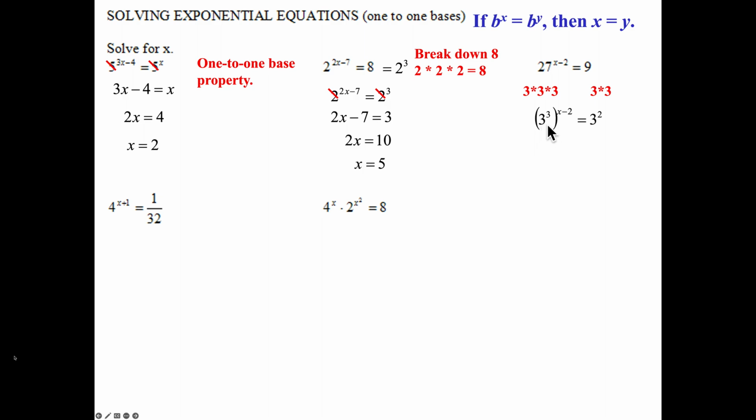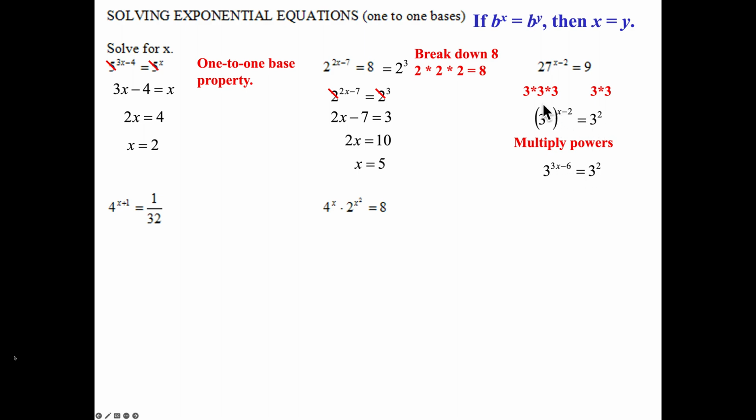But we don't have a one-to-one base relationship, so what we're going to do is we have a power raised to a power. So we need to multiply these two powers together. So that's going to be 3. This 3 gets multiplied to the x and the minus 2, just like the distributive property. We have 3x minus 6. Now it's a one-to-one base relationship.